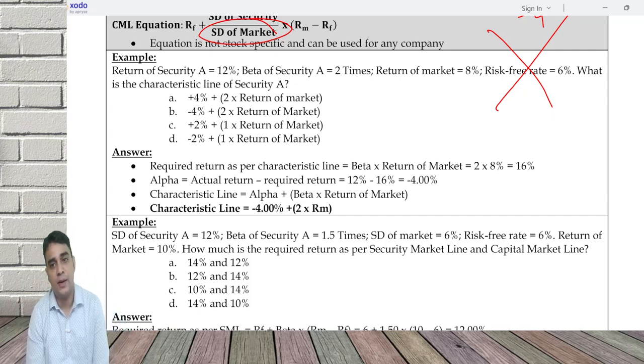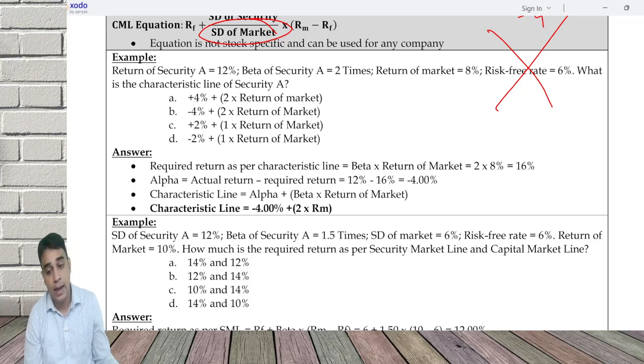So RF plus beta into RM minus RF is how much? Okay, that is SML. Then CML: RF plus 12 by 6, SD of security by SD of market.